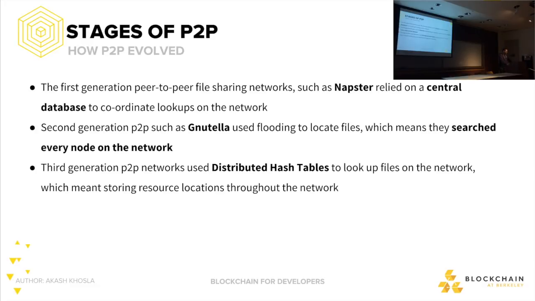They basically search every node on the network, so it wasn't quite as efficient. And then the third generation ones that I'm going to talk about are distributed hash tables. This is a very convenient way to look up files on your network. And you can also store different resource locations throughout the network on different nodes. So not every node has to store every single mapping to each file, right? So you can see the gradual increase in efficiency and redundancy that has happened.